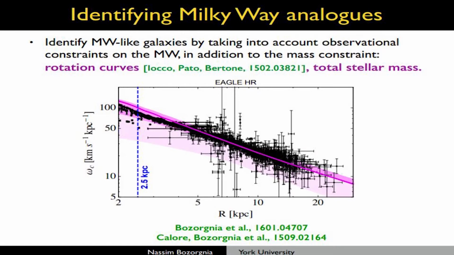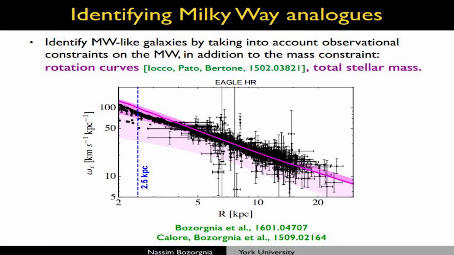So what you see here is rotation curves, but it's VC over R, so it's angular velocity, circular velocity. And these black points are the data points that we have for the Milky Way's rotation curve as a function of radius from the center of the galaxy.